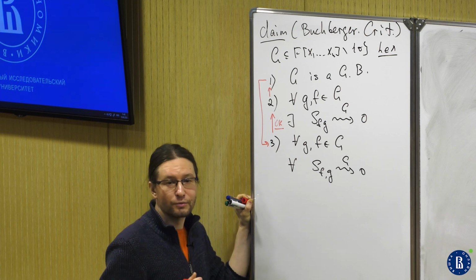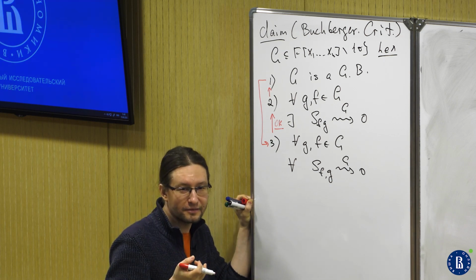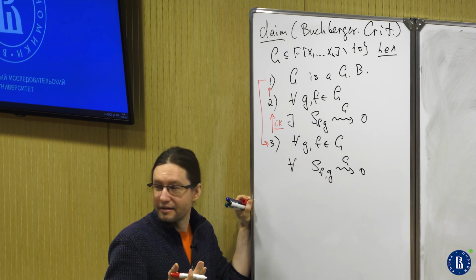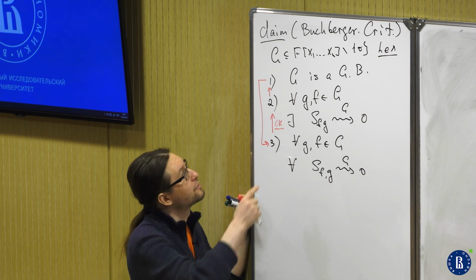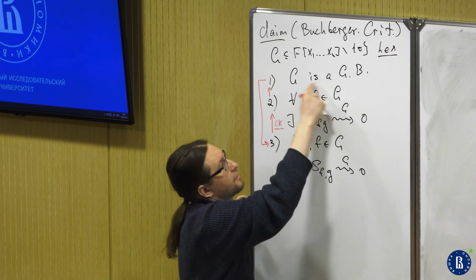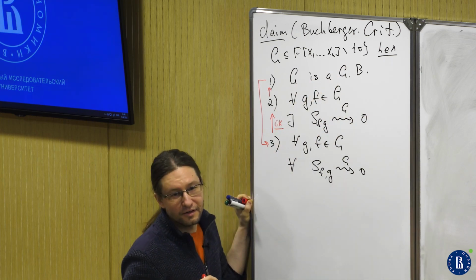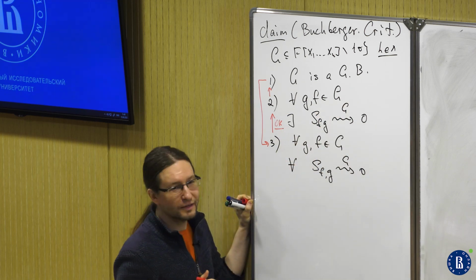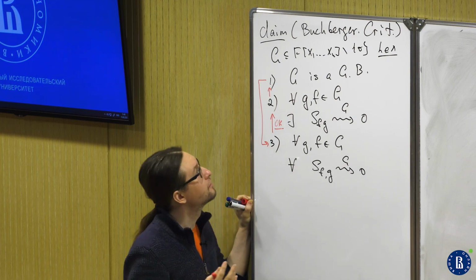Which one is the hardest one? Try to guess. From the first to the third? No, actually the second to the 1. Yes, from the second to the 1. Because we want to check some huge property using some weak condition, so proving from weak to strong is the hardest.